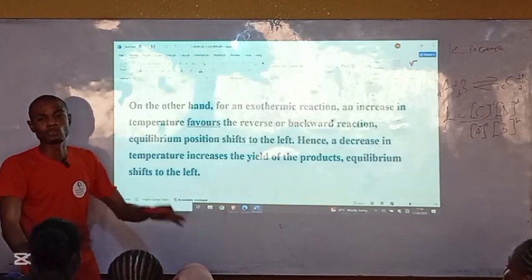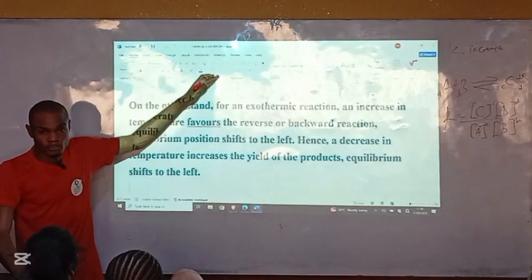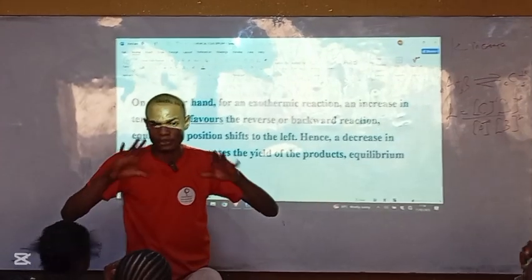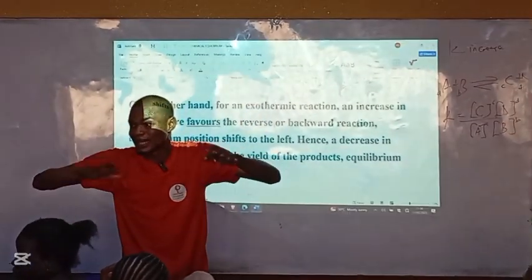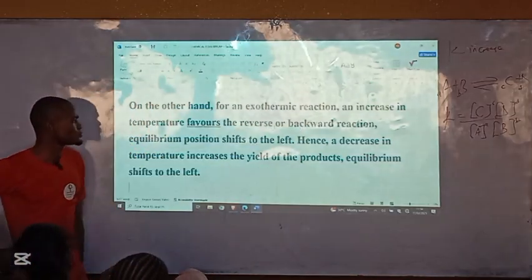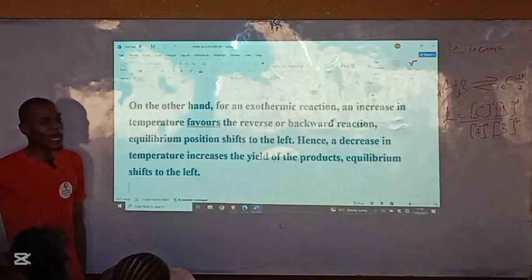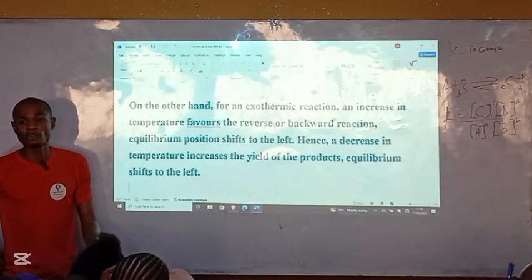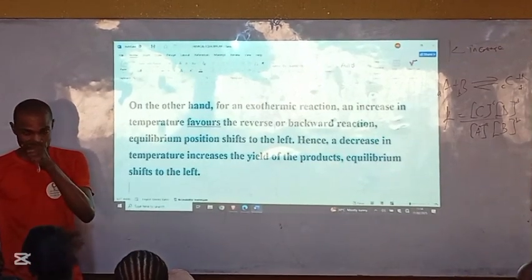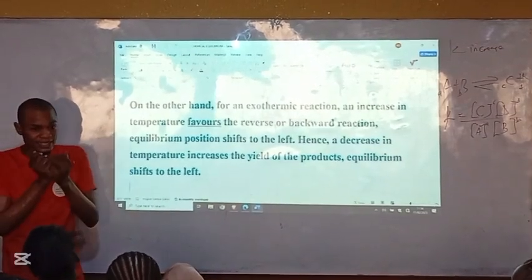For concentration there is only one, and pressure is only one, but for temperature, when your temperature is increasing, it means you are absorbing heat, but when temperature is reducing, you are emitting it to the surroundings, like burning. For an exothermic reaction, an increase in temperature favors the reverse or backward reaction. There is always an opposite for everything. What more of exothermic? When heat is being given out to the surroundings, right?